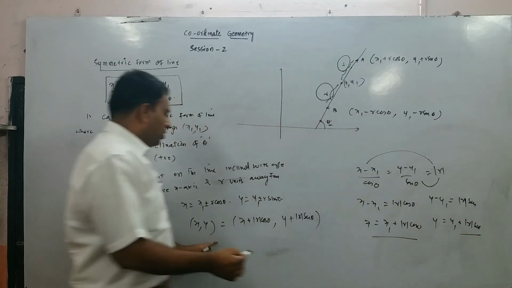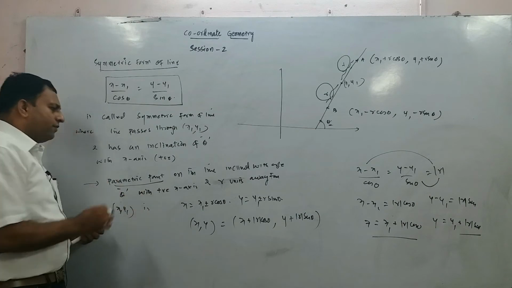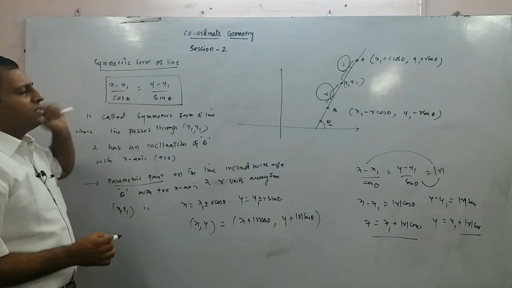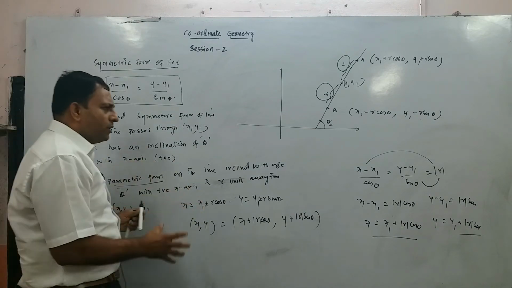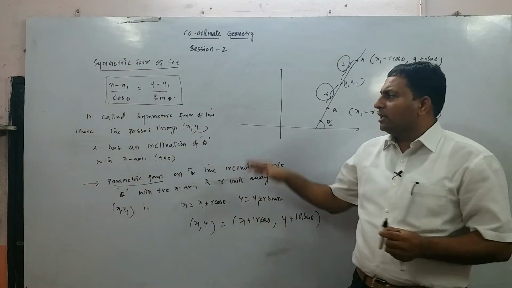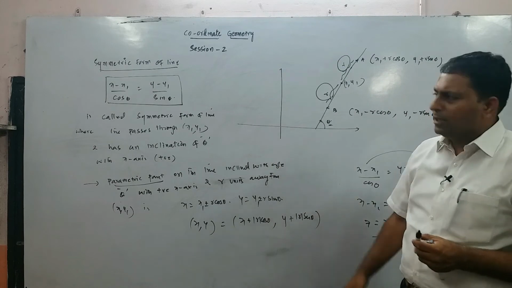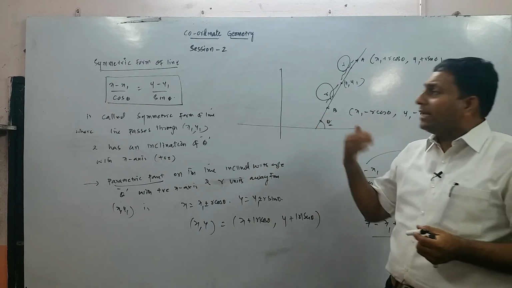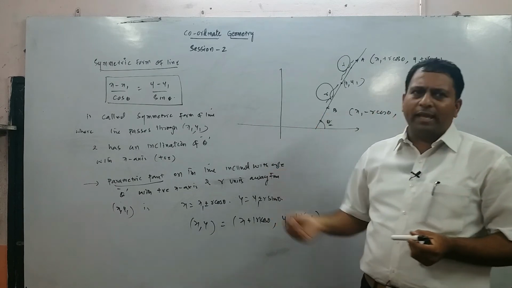Is it not? So you got this parametric form of line or parametric point from the symmetric form of line only. So it is very important. So I want you to pause the video, draw that graph and try to understand the who's who of this particular problem. Meanwhile we'll go for the next form of line, that is normal form.